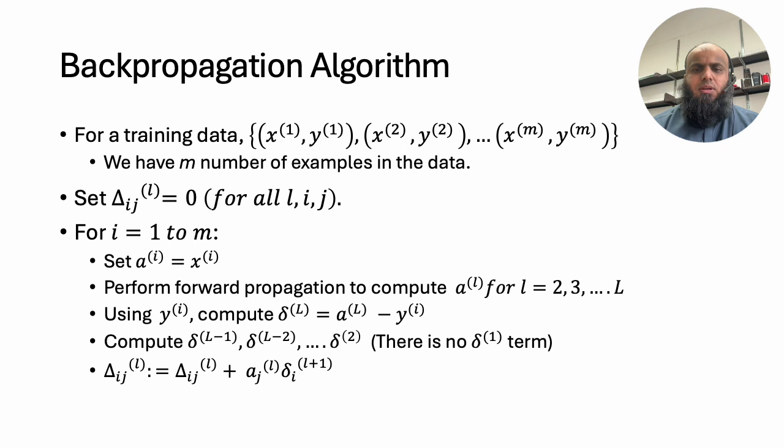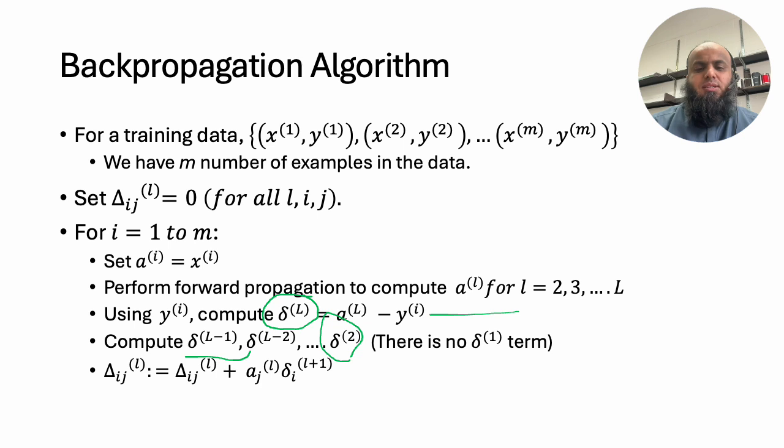Then in the back propagation we compute the error term in the final layer, so we compute the delta L term, and then we propagate the error in the backward direction. So we compute delta L minus 1, delta L minus 2 up to the second layer. We do not compute delta 1, of course.